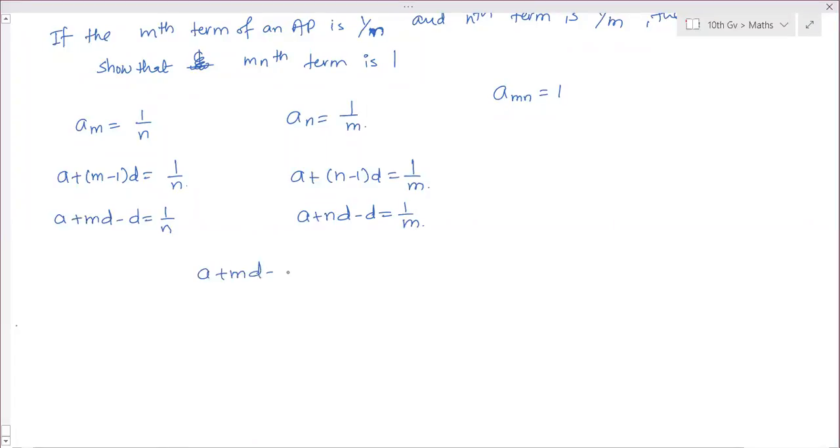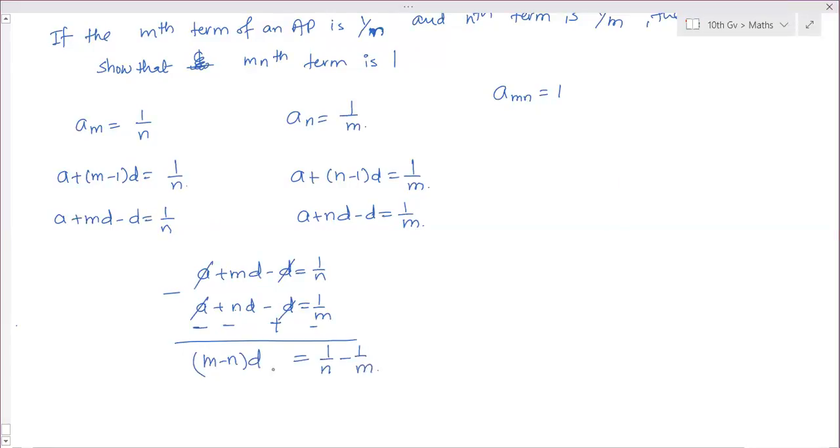Minus minus is plus. a minus a cancels, minus d plus d cancels. This is m minus n into d, which is equal to 1 by n minus 1 by m.